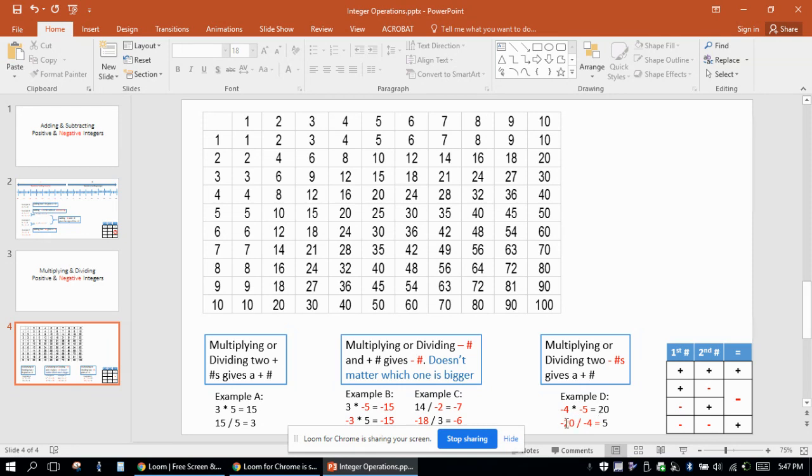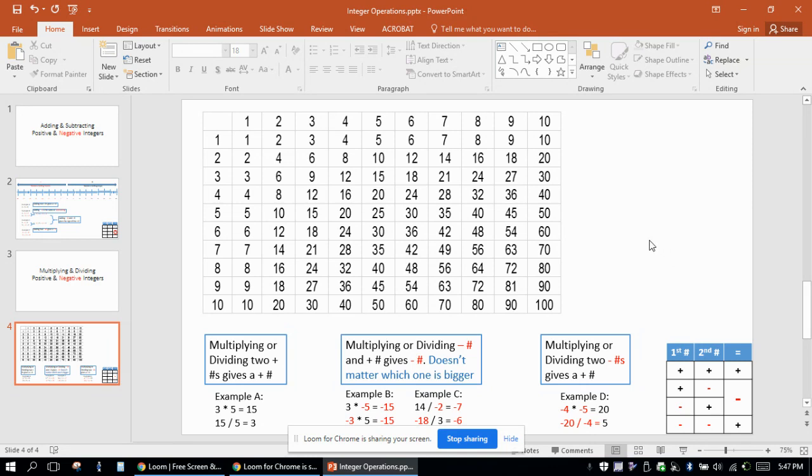By the same token, whenever I have two numbers being divided, a negative 20 divided by a negative 4, two negative numbers being divided, that means I get a positive answer. And we wrote that down here. Whenever I have two negative numbers being multiplied or divided, the answer is positive.